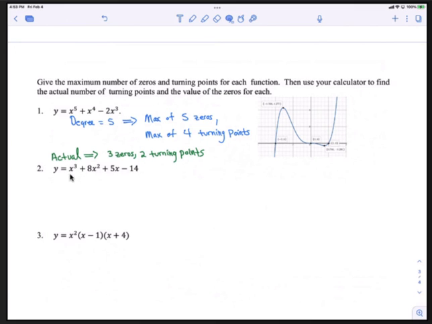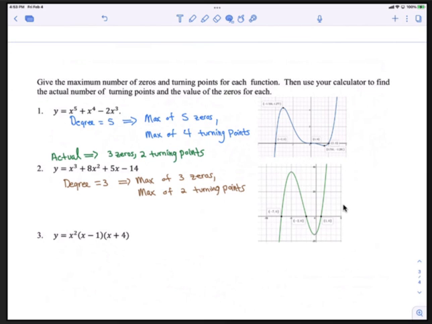Question number 2, we can see that this is x to the 3rd, so this is a degree 3 polynomial. And because it is a degree 3 polynomial, it would have a maximum of 3 zeros and a maximum of 2 turning points.